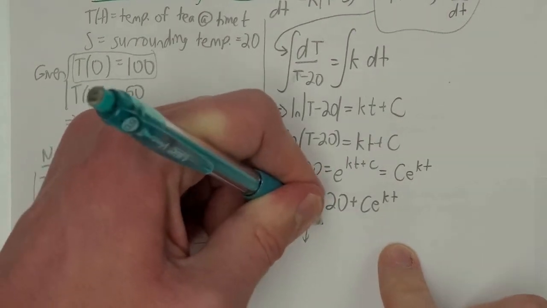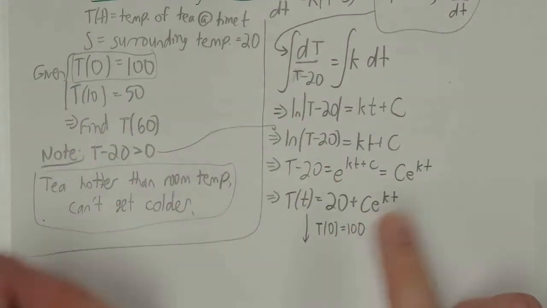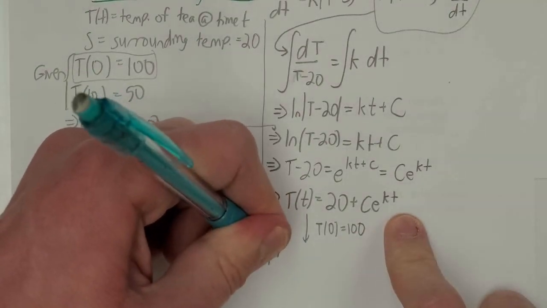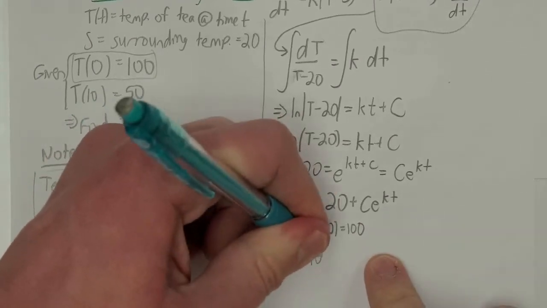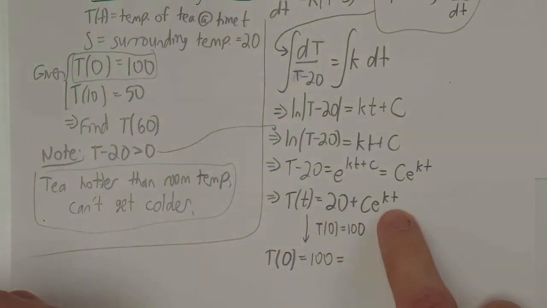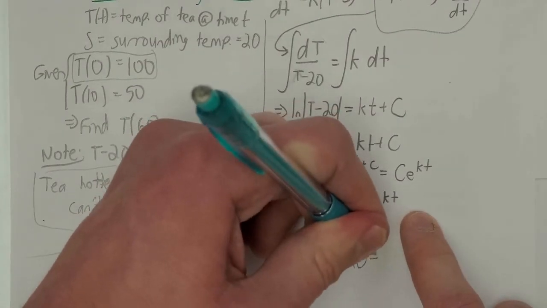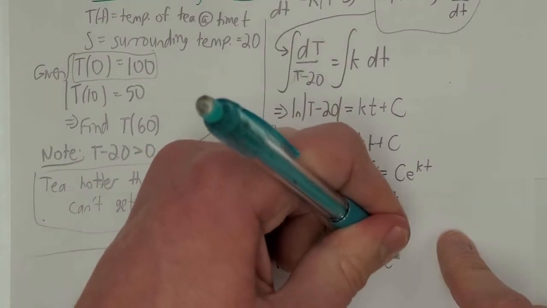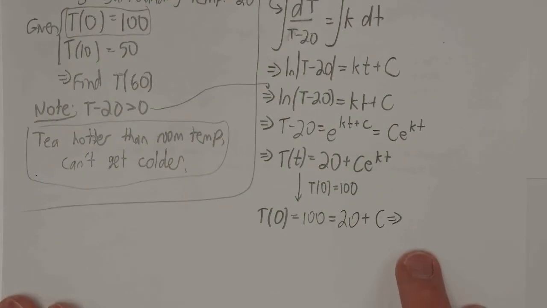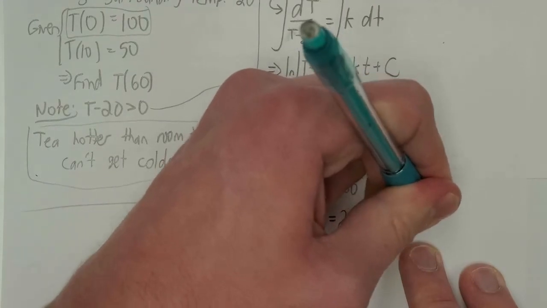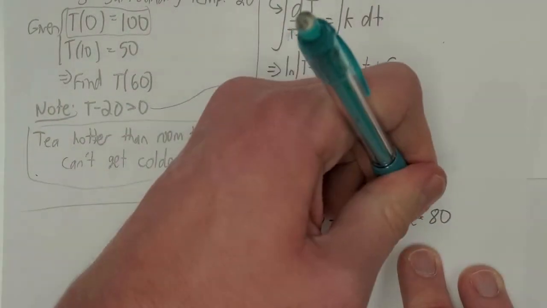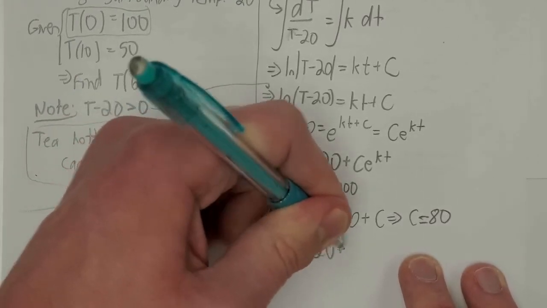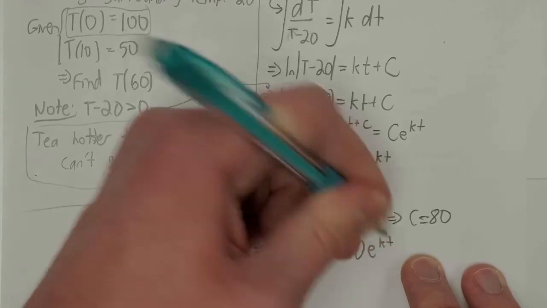So if we plug T of 0 equals 100 into our solution, then we have T of 0 equals 100 equals, letting t equal 0, 20 plus, in this case, c times e to the 0, or just c. So you should be able to see pretty quickly from this that c is just 80. So big T of little t is then equal to 20 plus 80 times e to the kt.